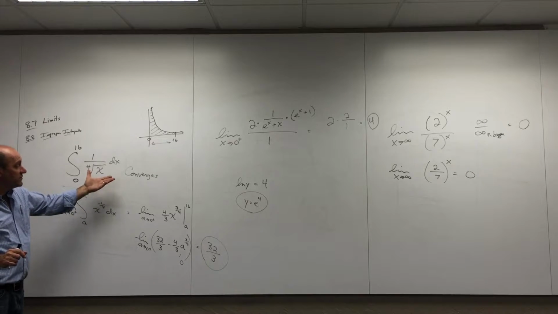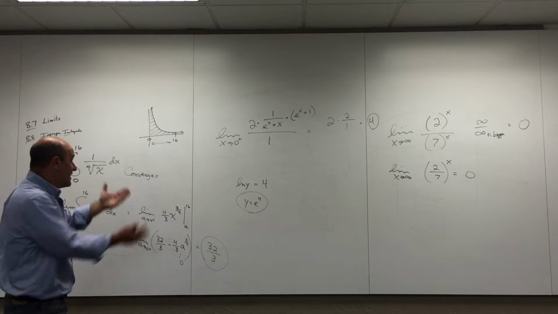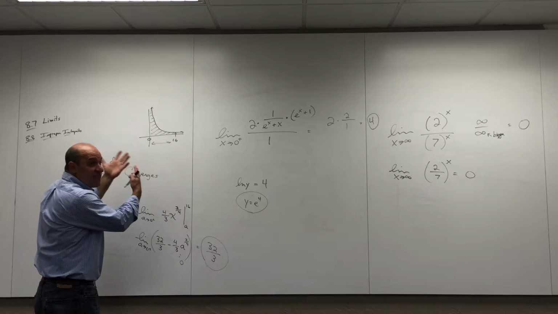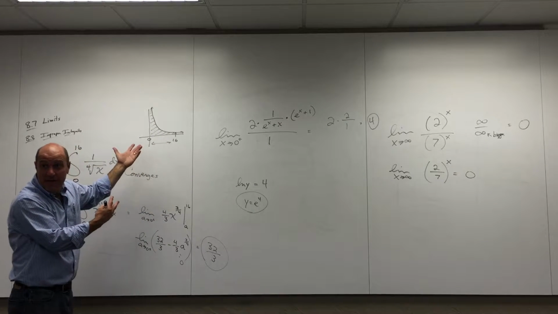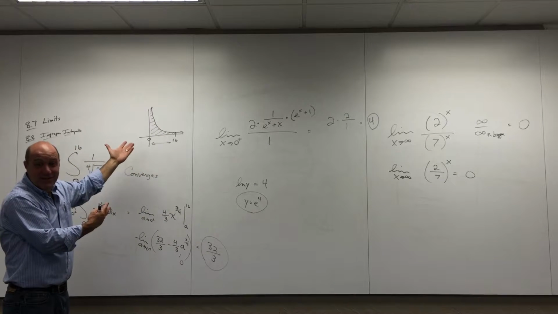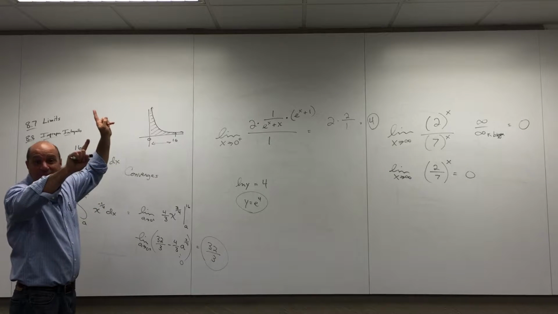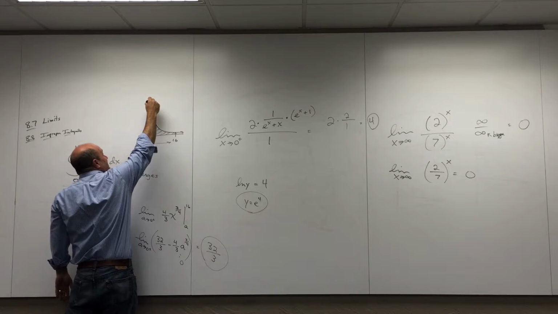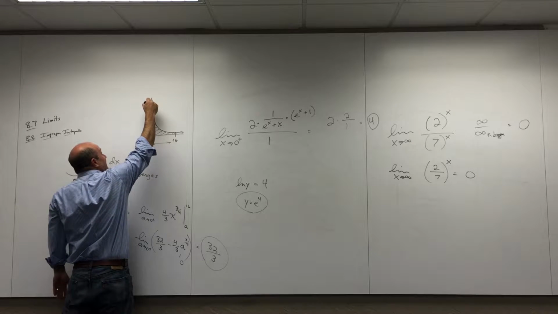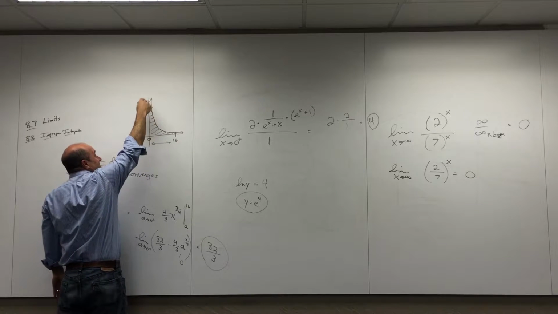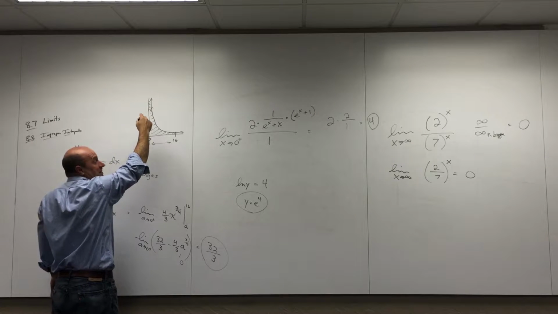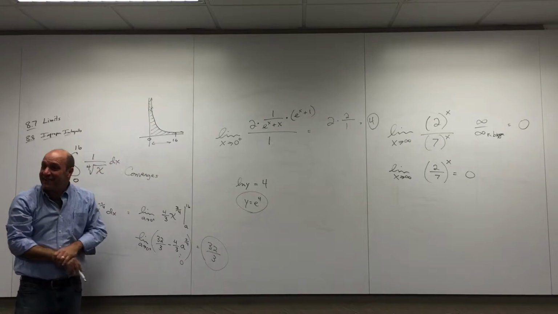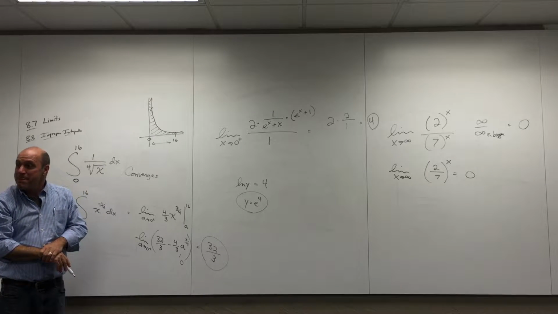This one converges. And what that means visually is, again, I drew a little picture for you. From 0 to 16, there is a finite amount of area there. It's 32 thirds. Even though it seems infinite, I mean, this does never touch, but it gets tight enough and skinny enough where we get a finite area, 32 thirds.